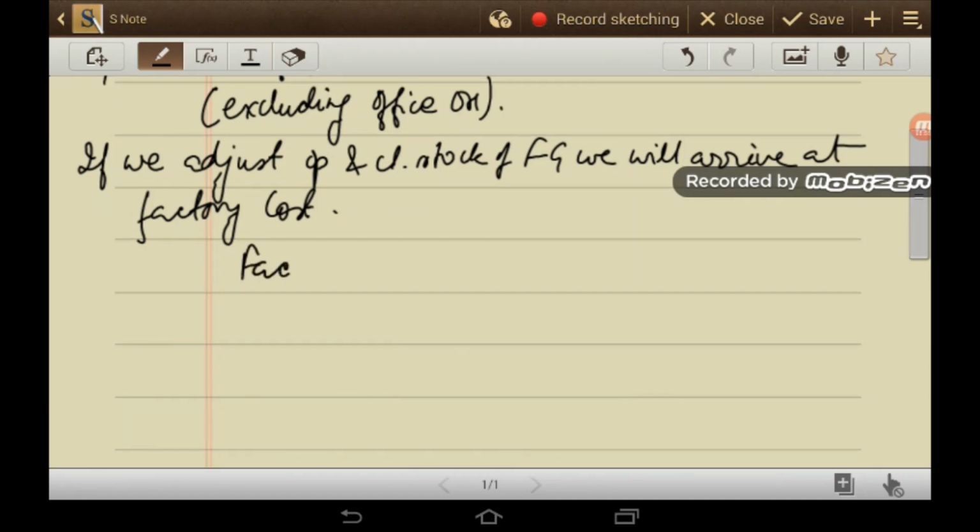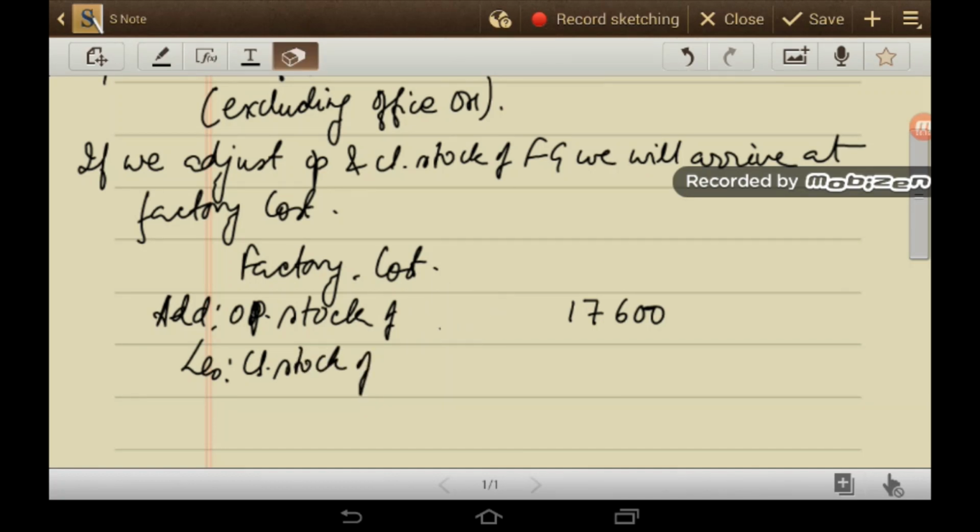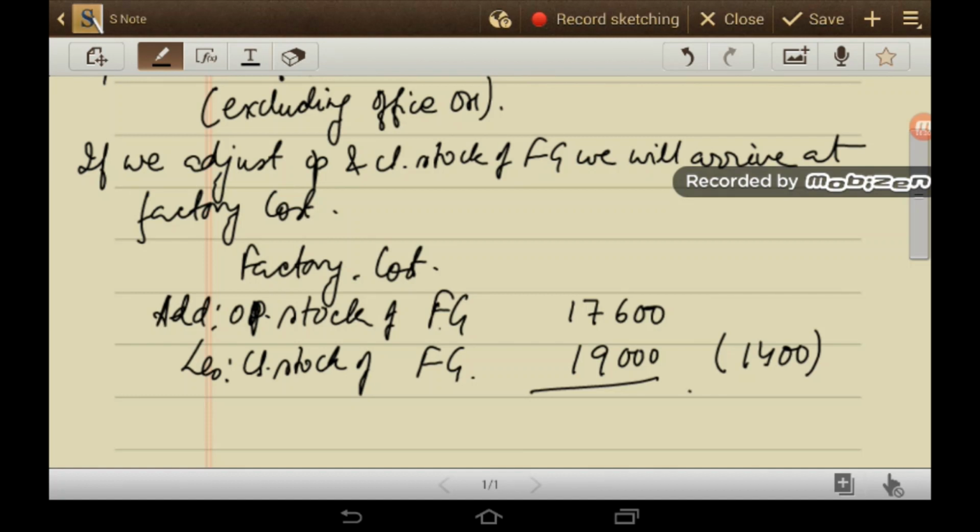So factory cost we have to find out. So add opening stock, this is opening stock of finished goods given as 17,600 less closing stock of finished goods given as 19,000. So minus 1,400, and I am writing here as cost of goods sold.